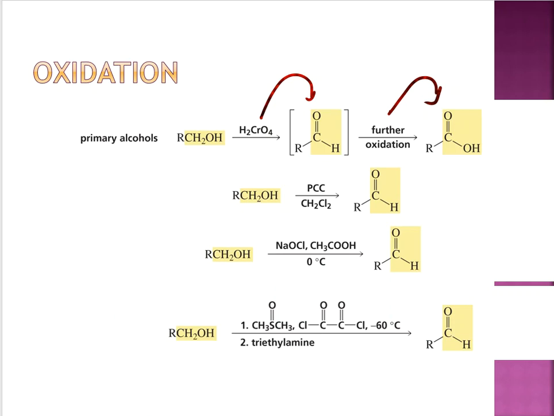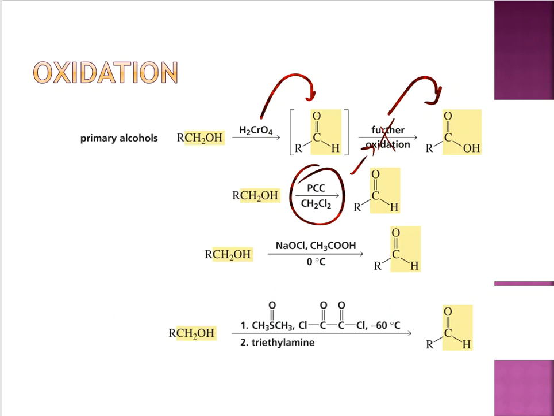So this first one's an aldehyde, and the second one is a carboxylic acid group. If we did not want it to go through those steps, we could use PCC. I'm going to stop at the aldehyde. So it prevents the further oxidation from happening.